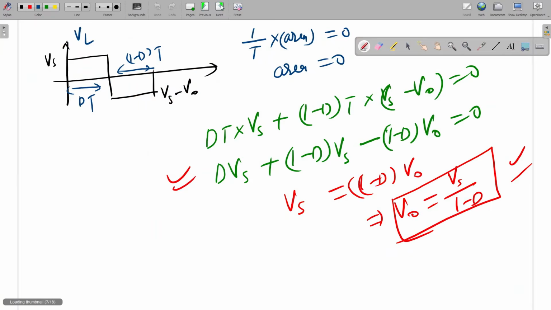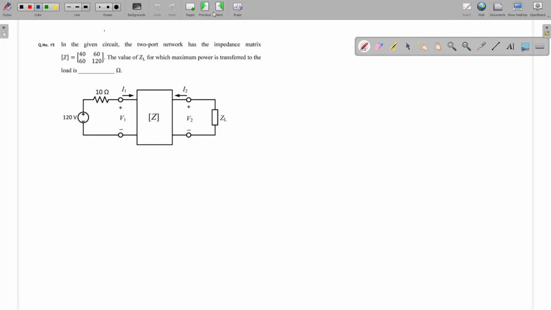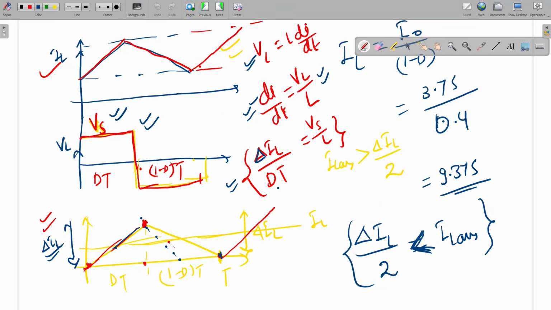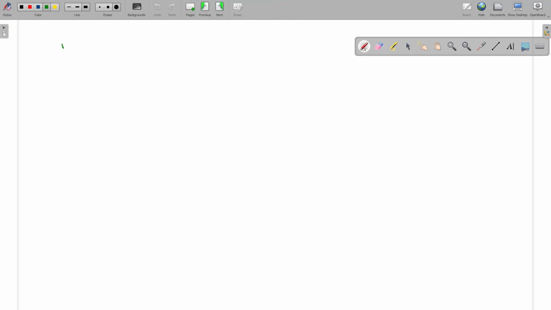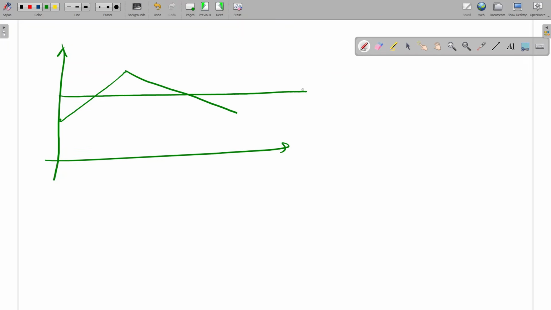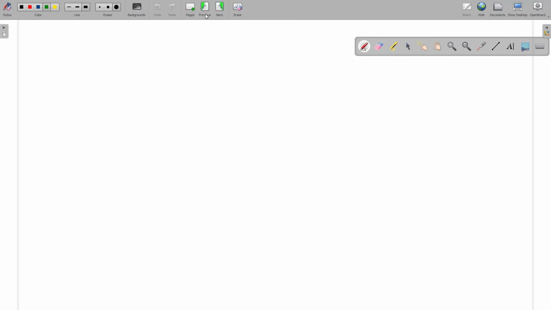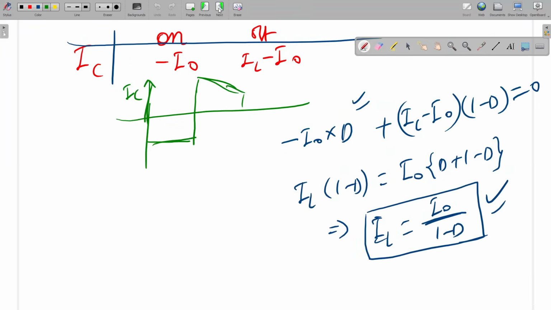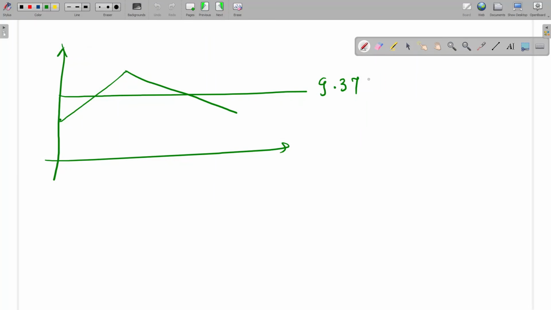I'll draw one waveform. IL we can draw like this. The average value is 9.375, and delta IL is 3.6.